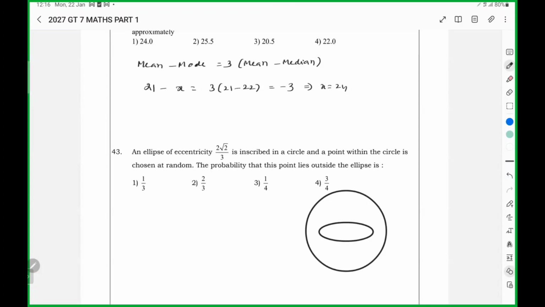Whenever they are asking about regions, outside the ellipse means: the circle area is pi r square, the ellipse area is pi AB. A point lying outside means pi r square minus pi AB. The point should be inside the circle, so this is in terms of regions we have to find out.